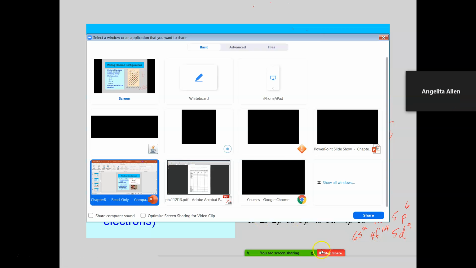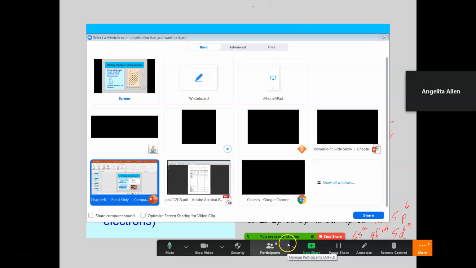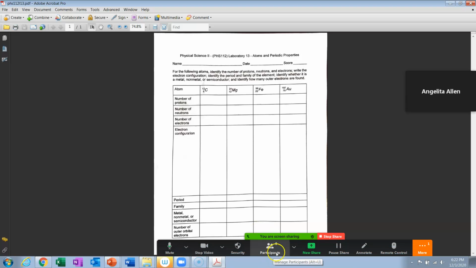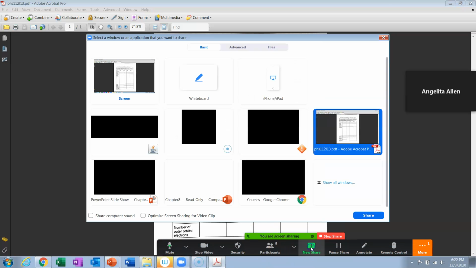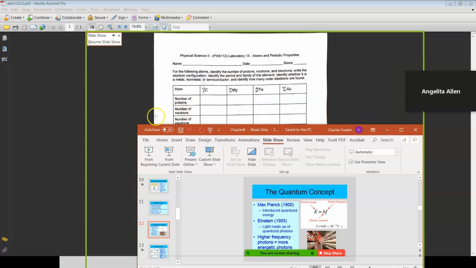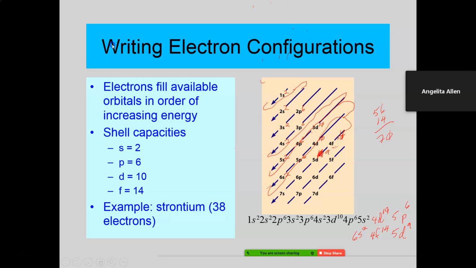Okay. Can we go over iron one more time? Okay, let's go back to iron. I'm ending up with 30, and aren't I supposed to end up with 26? 26, you're absolutely right. Okay, so let's go back to iron, and it's this one and that one, and here we go. Now I'm going to erase what we did because this is gold and I don't want to confuse you.